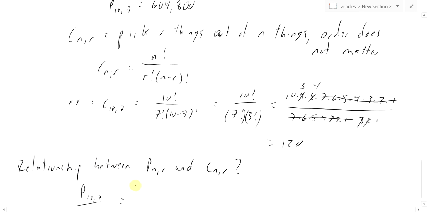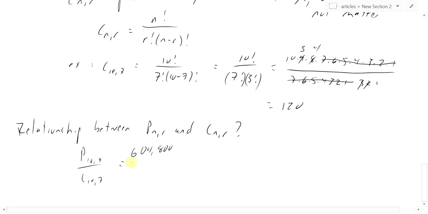It's 604,800 divided by 120. It's a very large number, but what it turns out to be is 7 factorial.